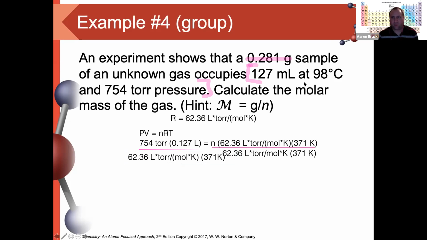So we do all that. Everything cancels on the right-hand side other than n. My units of Kelvin, liters, and torr cancel on the left-hand side. And so I would get 754 times 0.127 divided by 62.36 divided by 371. To three significant figures, I would get 4.14 times 10 to the negative third moles for n.